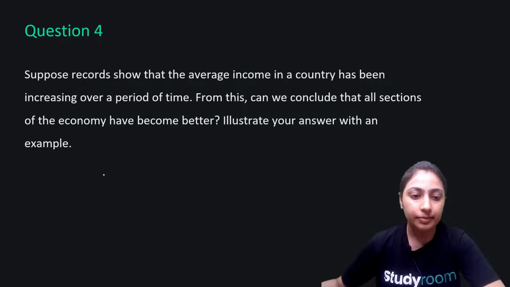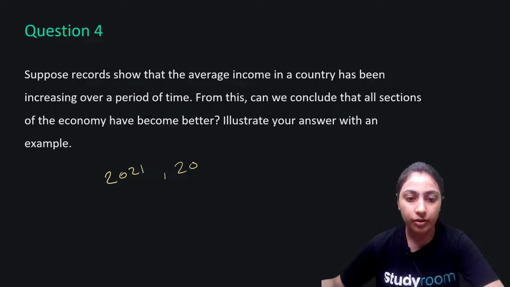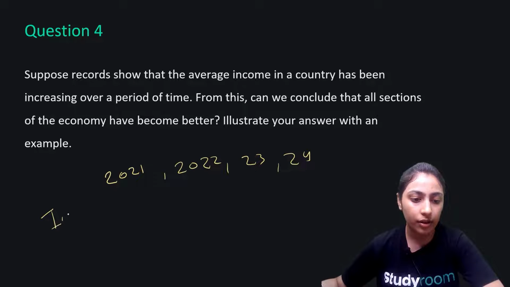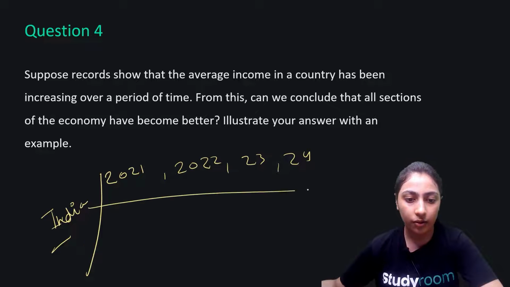For example, let's take 2021, 22, 23, 24, and here is India. This is the table.